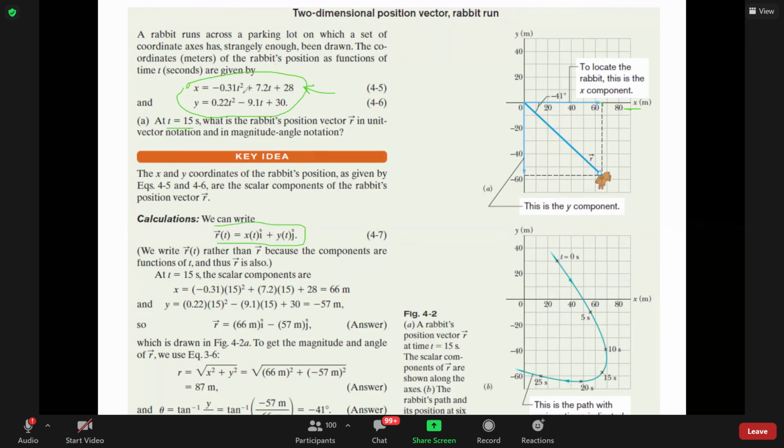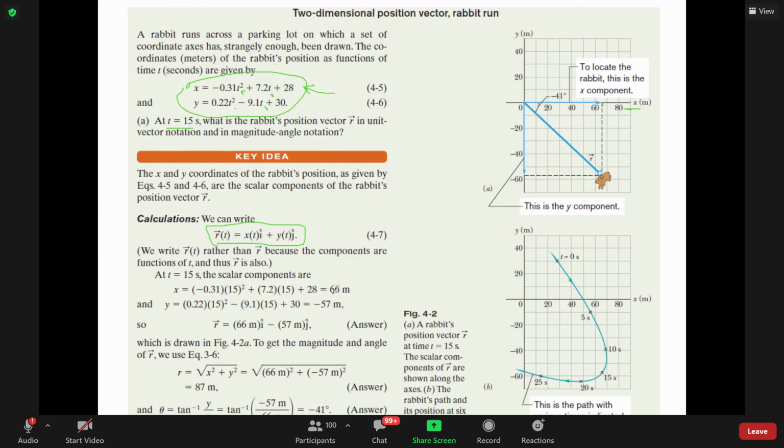Now, if I substitute at t equal 15, here is 15, here is 15, 15 seconds, I can get R, x and y as a function at 15 seconds. So substitute 15 squared, 225 times 0.35, you get a number, and it's negative. Then 7.2 multiplied by 15, because here they need to substitute 15.